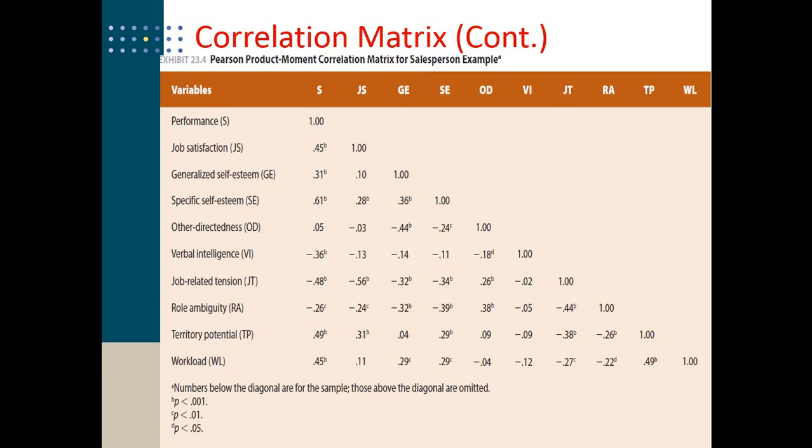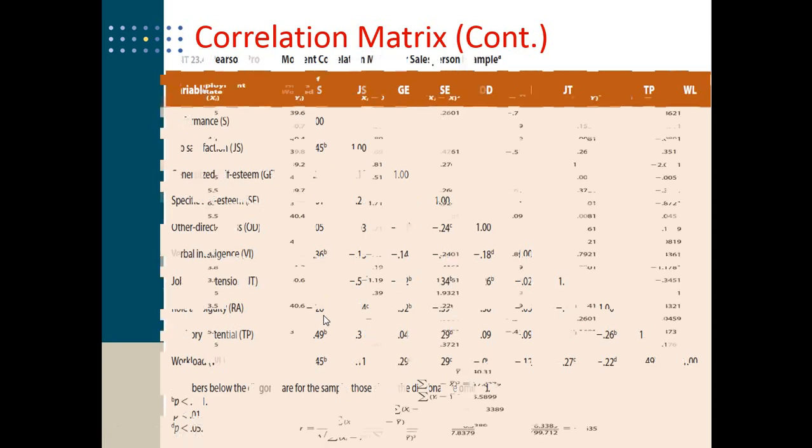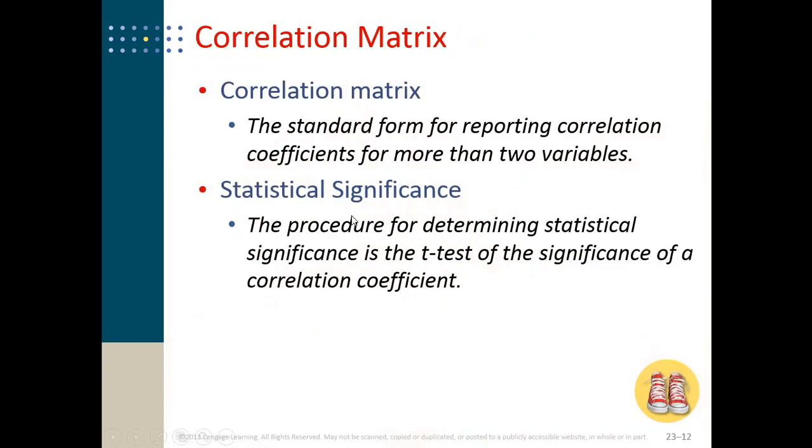Now you can see some small letters like B, C. What is this? In the last slide, we had statistical significance. As I mentioned, the correlation coefficient ranges between -1 and +1. So a larger correlation coefficient indicates a stronger relationship, and a smaller correlation coefficient indicates a weaker relationship.